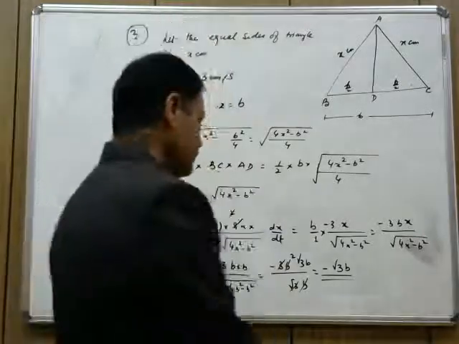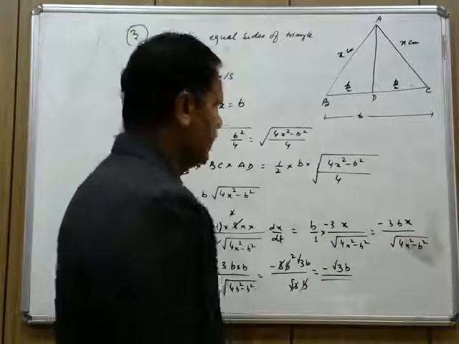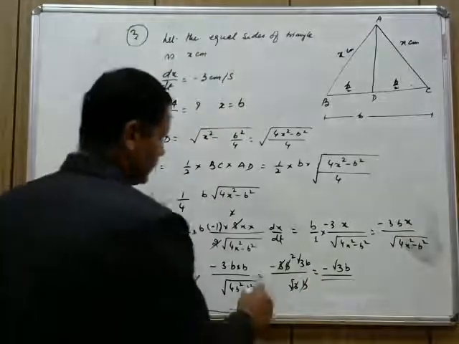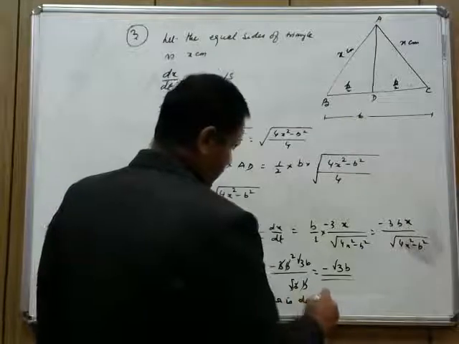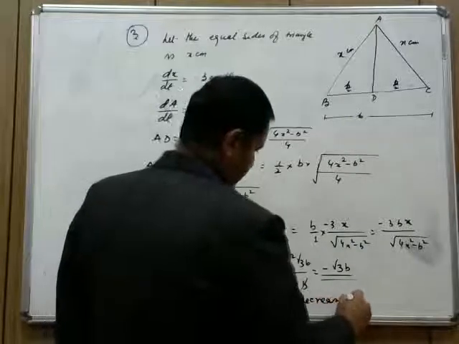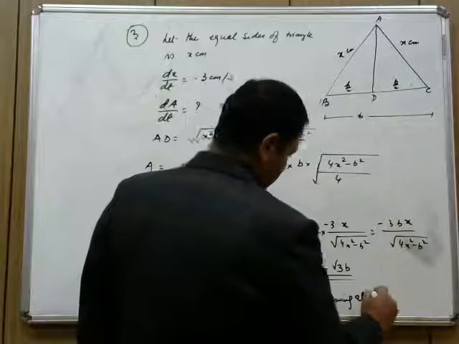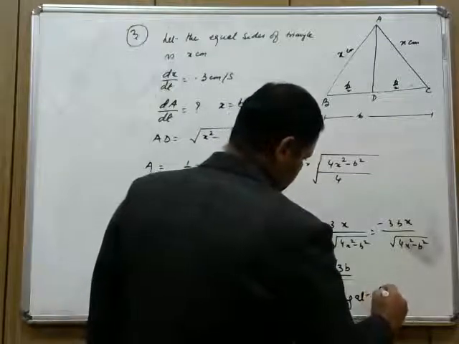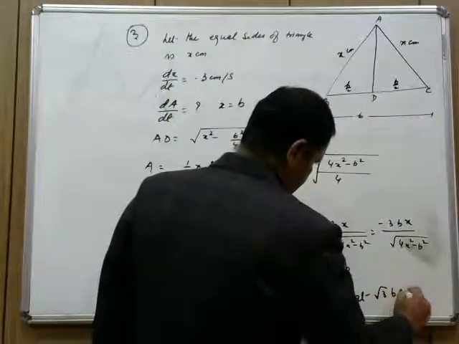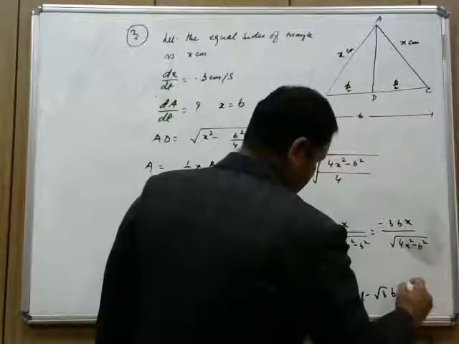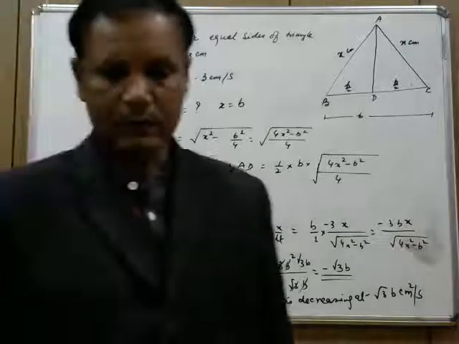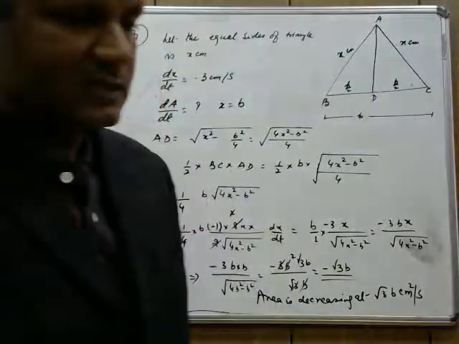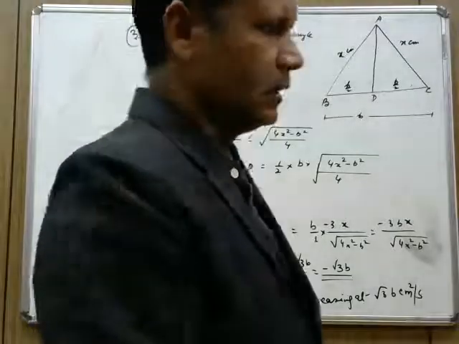That's why here I am getting a negative answer, and simply I will write, therefore the area is decreasing at the rate of root 3b centimeter square per second. This is the answer.